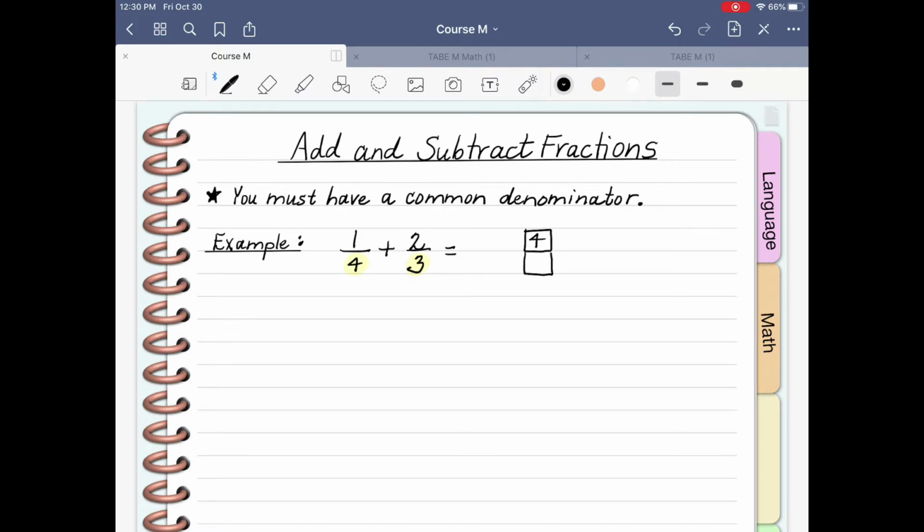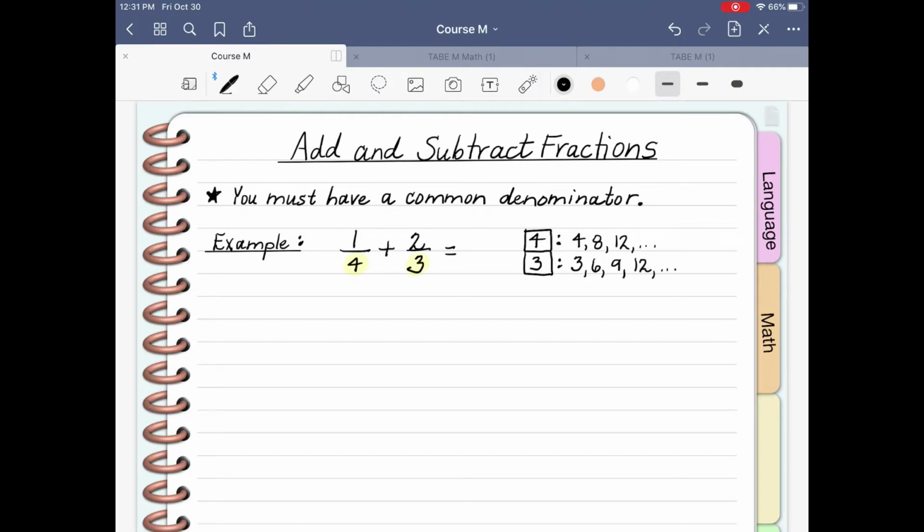Remember, we used a Venn diagram. We also did it this way. I'm not going to use the Venn here. 4, 8, 12, 3, 6, 9, 12.